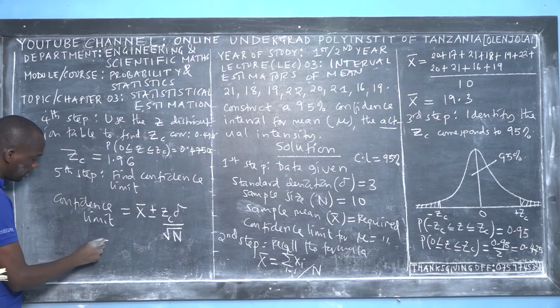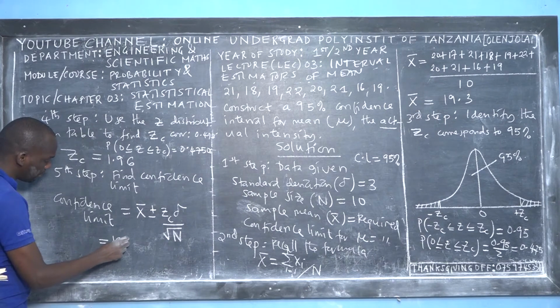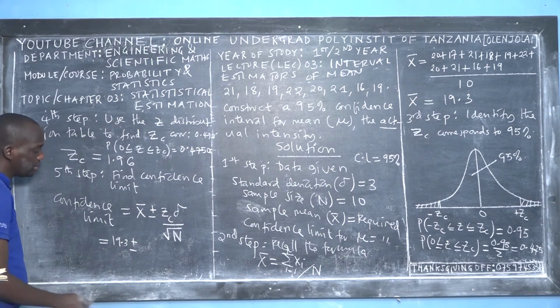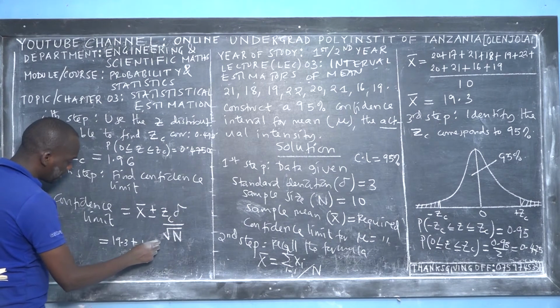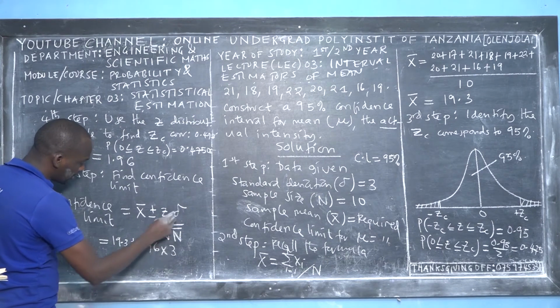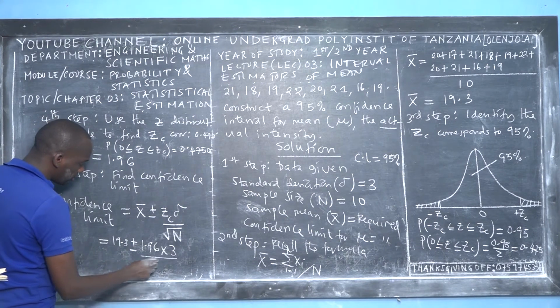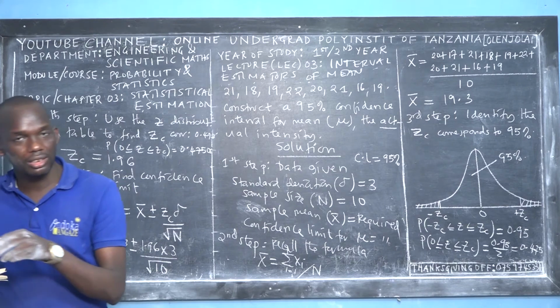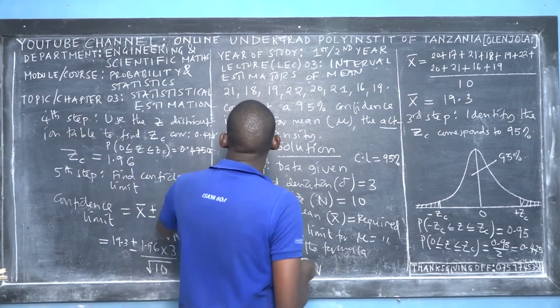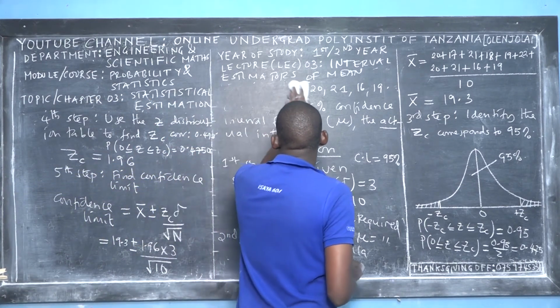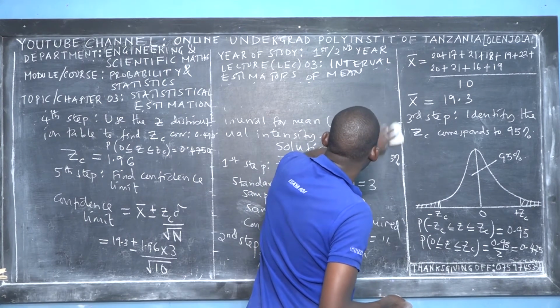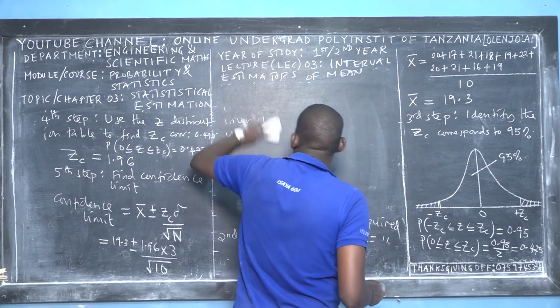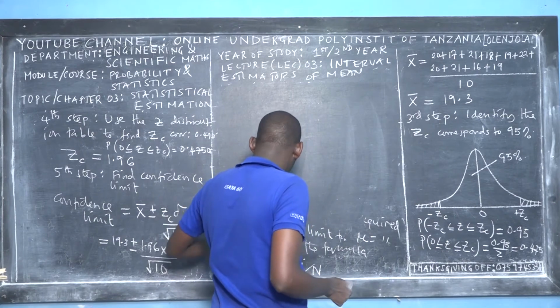So the confidence limit for that case is 19.3 plus or minus 1.96 times 3 over the square root of the sample size, which is 40. Use your scientific calculator to do that computation, and then you'll find that the confidence limit will lie between those values.